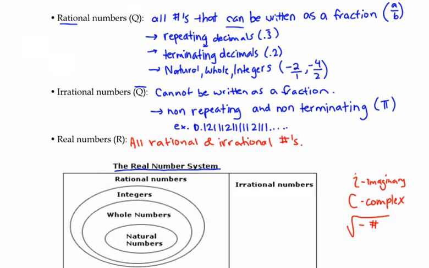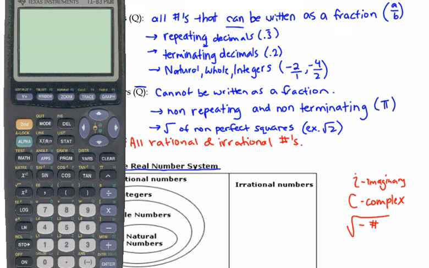Also in this category are square roots or cube roots of non-perfect squares or non-perfect cubes. So square roots of non-perfect squares, and the same thing as cube roots of non-perfect cubes. Like the square root of 2. If you type that into your calculator, square root of 2.